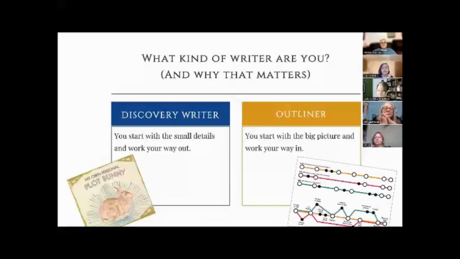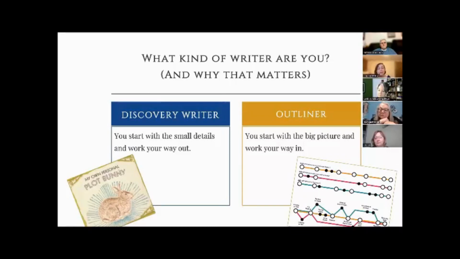So, what kind of writer are you? And why does that matter? You've maybe heard the terms plotter and pantser. Those are terms that are used often to describe whether you're a writer who likes to outline or whether you're a writer who likes to make it up as they go along. And one type isn't better than the other, and you might not fall all the way on one, or you might fall somewhere in between, or it might depend on your project, which type of writer you are.